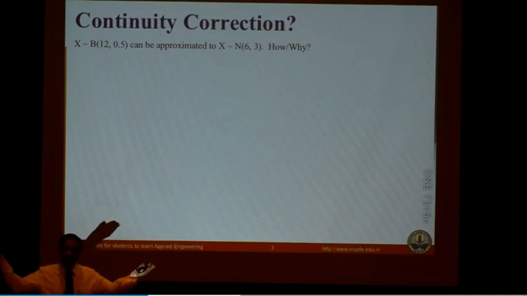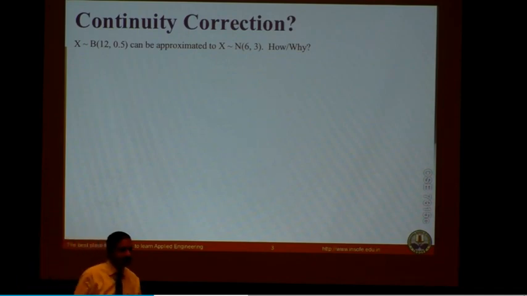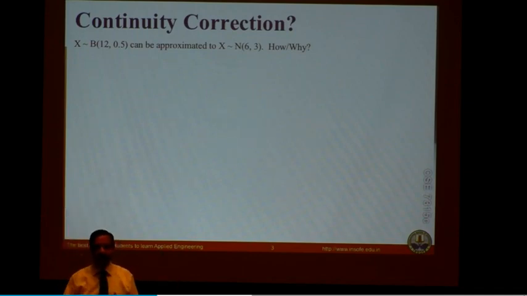Suppose I had a Poisson. Let's say lambda more than 15 is what I'm saying, it's approximating normal. So let's say lambda is equal to 20. Can I approximate it to normal? Yes. If I approximate it to normal, normal needs mean and variance.